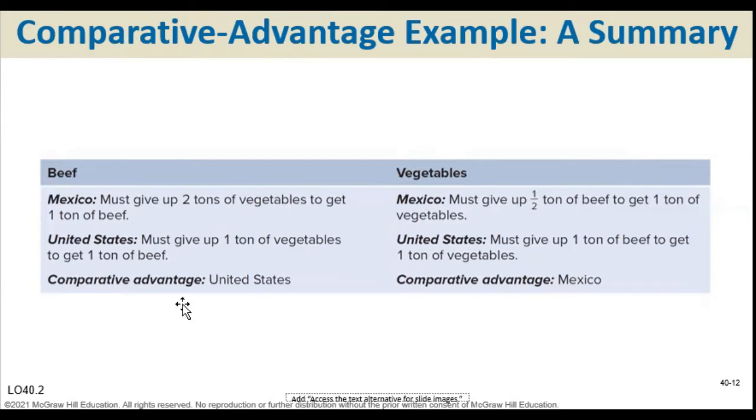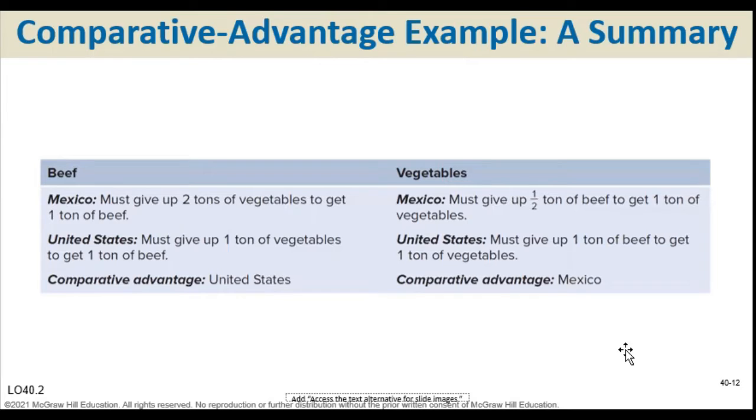In summary, we found that the United States has a comparative advantage with beef, while Mexico has a comparative advantage when it comes to vegetable, because Mexico can produce the vegetable by giving up less, right?